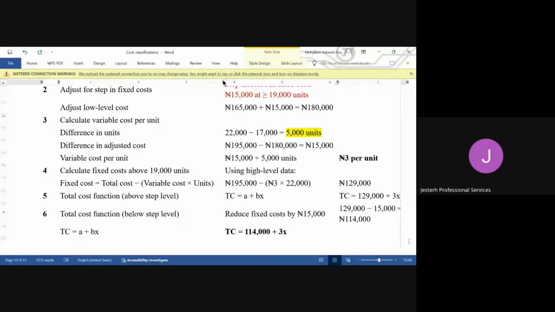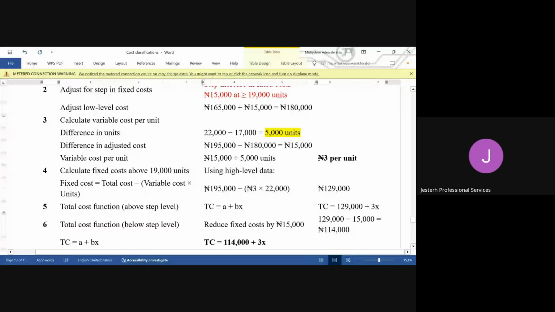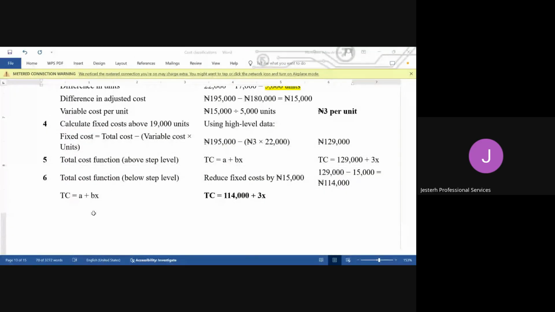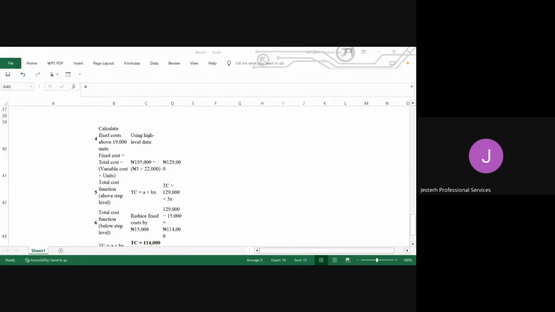We will say, okay, let me simplify this so we can be on the same page. Just give me a minute. Let me simplify it so that we can understand what this is talking about. Let me share another screen now.